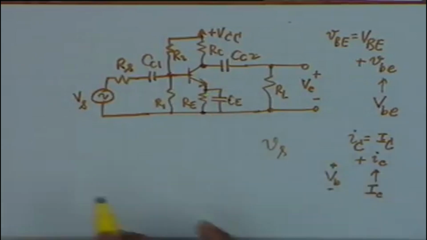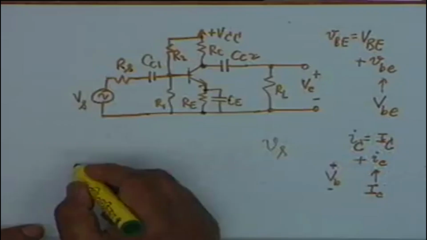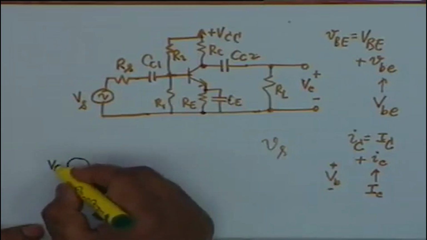Now if I follow the hybrid pi model strictly, then my AC incremental equivalent circuit would be like this, and try to draw with me. What we have is, we are representing every quantity by means of its RMS value.